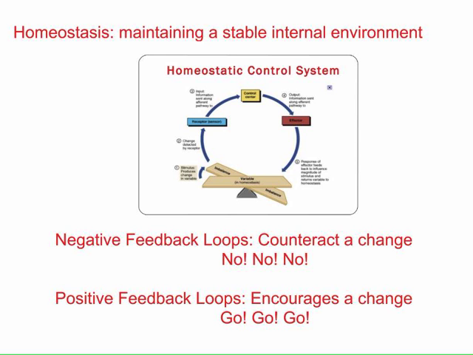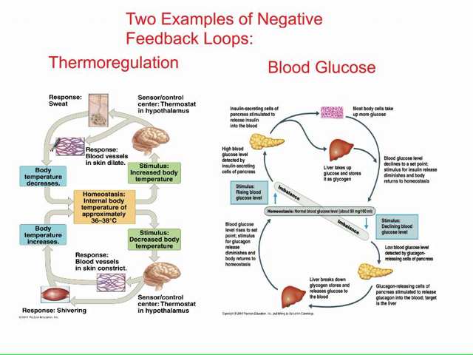So let's look at a couple of examples. So here are two examples of negative feedback loops. For maintaining homeostasis, thermoregulation, that is, our body maintains our temperature at 98.6 degrees Fahrenheit or about 37 degrees Celsius. So if the temperature starts to increase, the stimulus is the increased body temperature. Our body's like, oh my gosh, our temperature is increasing.